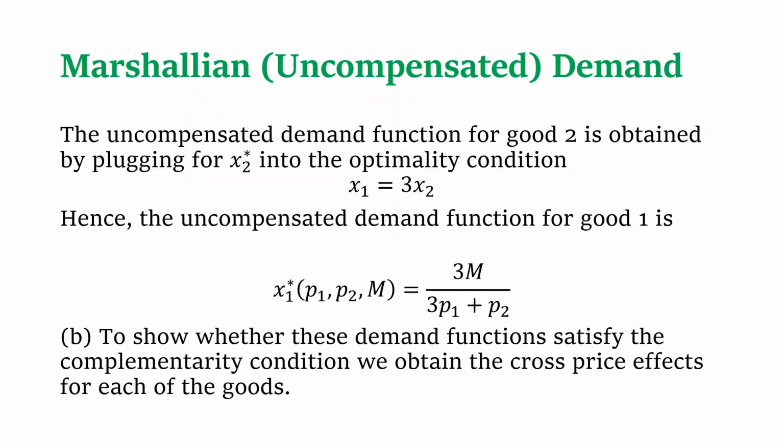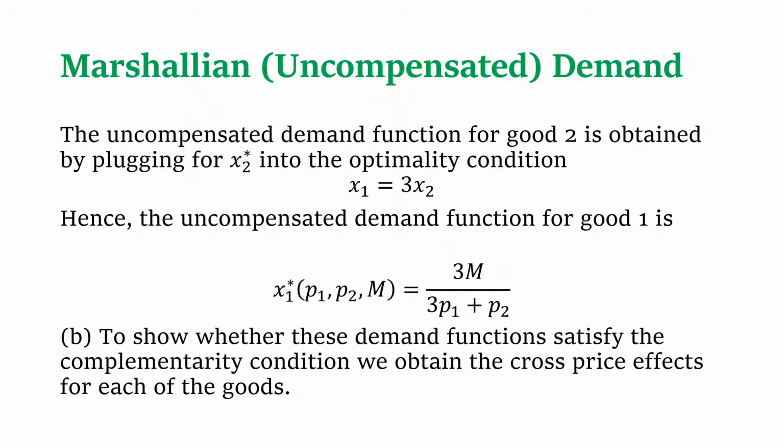Already, we know what x2 is, right? So we know x2. What is the value of x2? Because we know the value of x2, we just substitute, multiply 3 by x2. And x2 we know is m over 3p1 plus p2. So 3 times m over 3p1 plus p2 is just 3m over 3p1 plus p2.